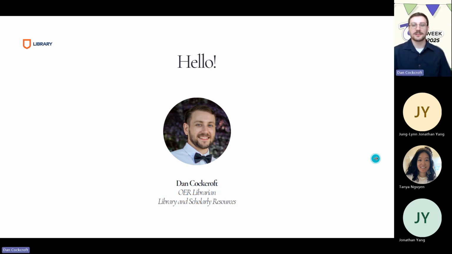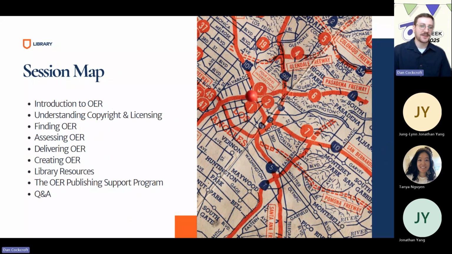So let's have a little look at our map here. Where are we going today? The first will be an introduction to OER, so it gives you a real basic start. Then we're going to talk about copyright and licensing. These are all different little building blocks that come together to help you understand how the big picture works together.